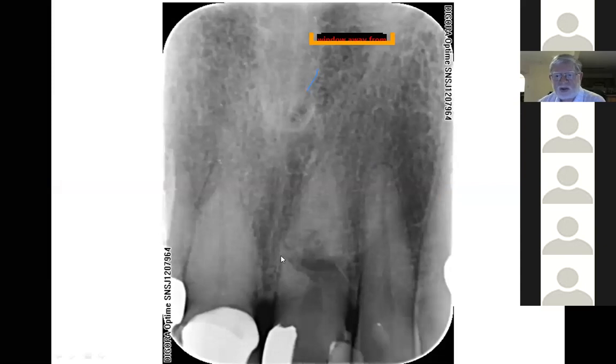And again, we're seeing the same thing. There's been a fracture of this tooth, no periapical pathology, there's no symptoms whatsoever, and a clean break across there. The root canal's pretty much disappeared all the way up there. And we'd leave that completely alone.